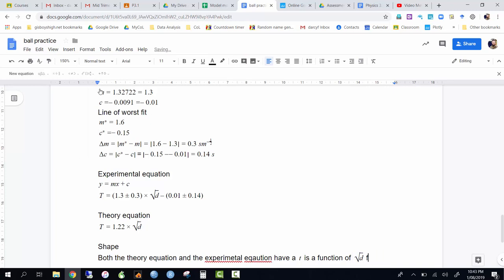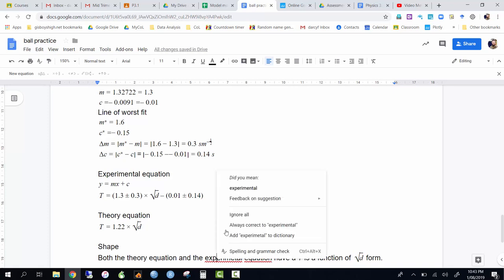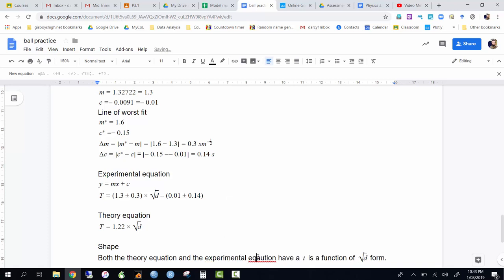So they both have the same form of the equation. They both show t is a function of square root d. Now, 1.3, well, is it the same as 1.22?